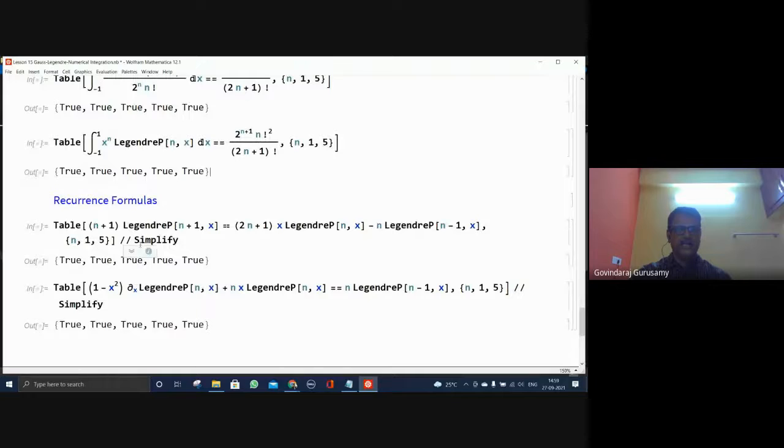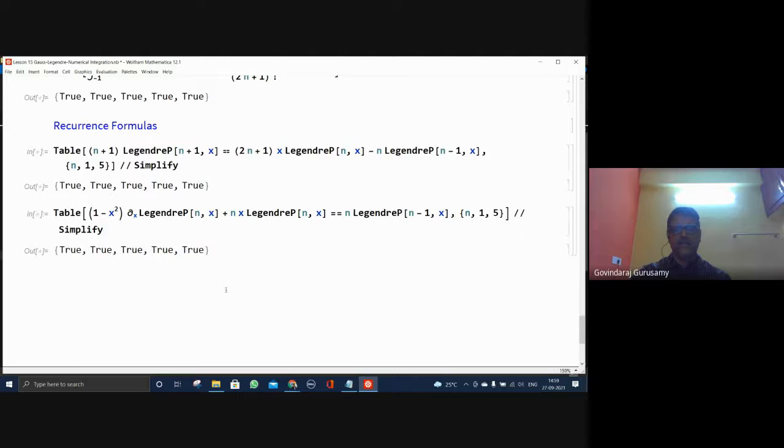And these are the recurrence relations again. (n+1) P_{n+1} equals (2n+1) x P_n minus n P_{n-1}. This is an alternate way of getting that. That's fine.